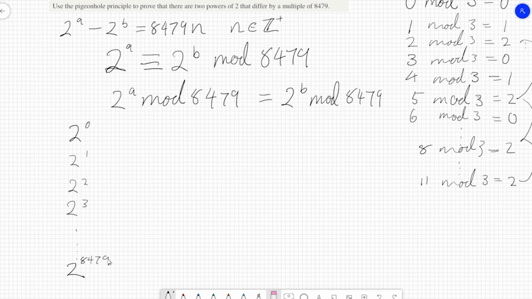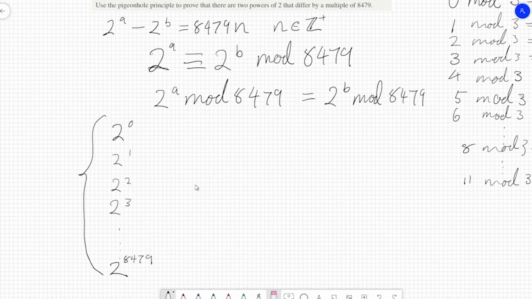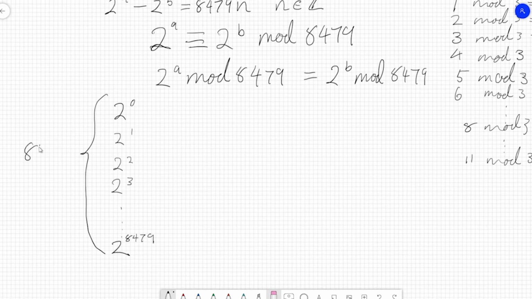Yeah, because we know that all of here has 8,480 numbers, so we have more than enough to complete at least one cycle with the modulus of 8,479.